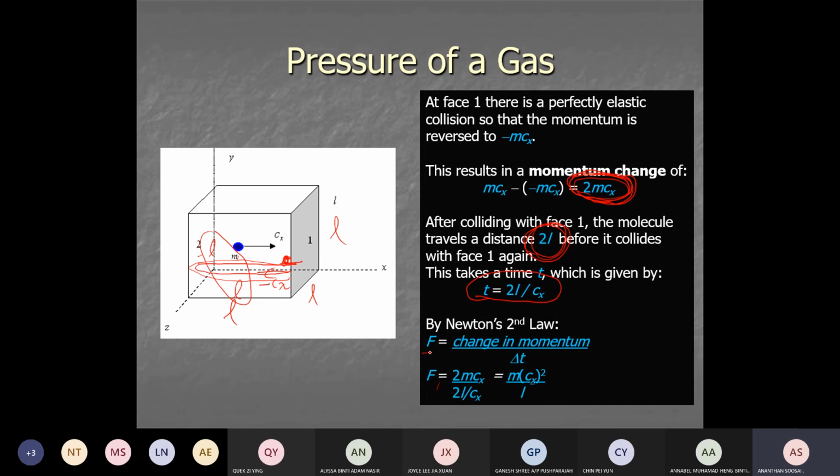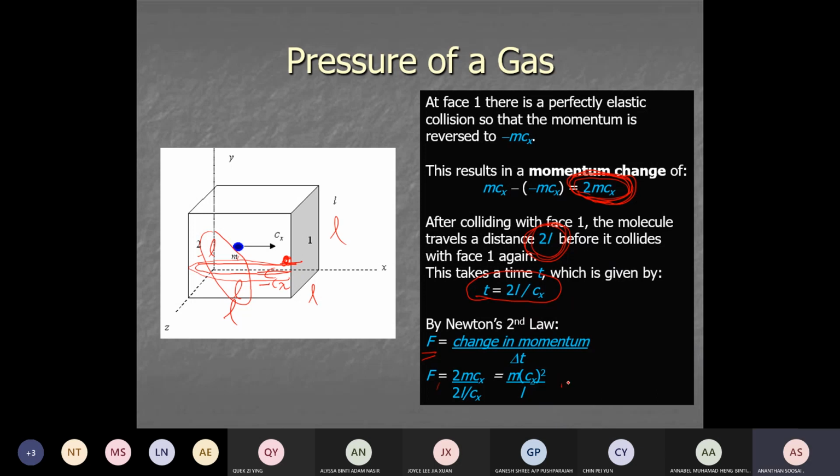So we can find the force exerted by the particle on the wall. Force is the change in momentum over the time taken for this momentum change to happen, so change in momentum 2mcx over the time taken 2L over Cx.